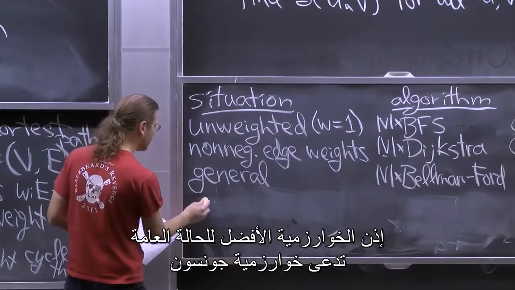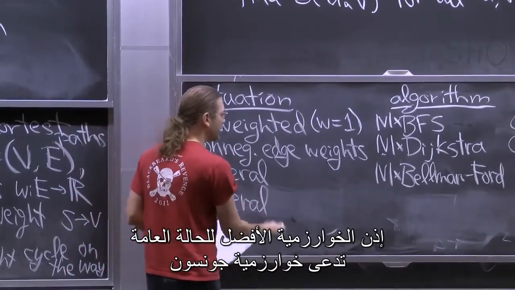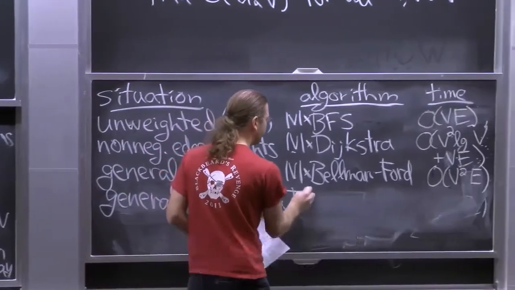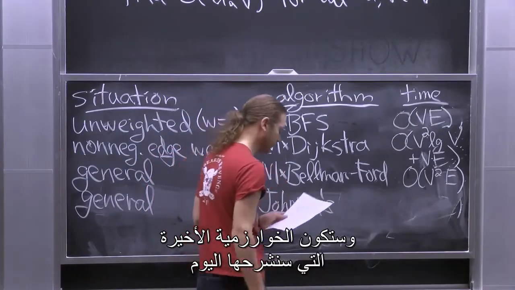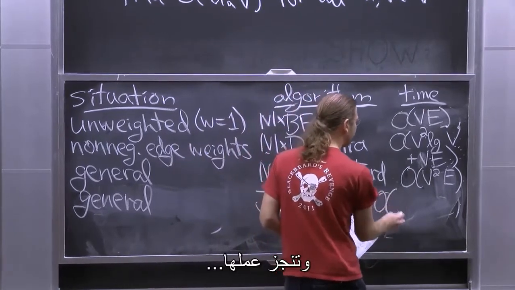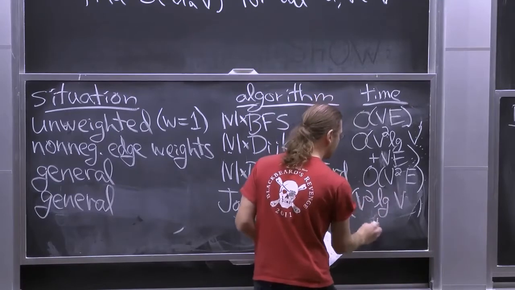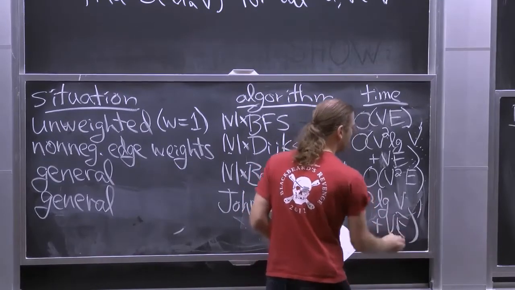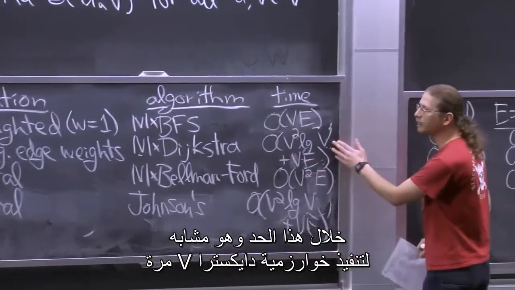So a better general case algorithm is called Johnson's algorithm. That will be the last algorithm we cover today. And it achieves this bound, which is the same as running Dijkstra V times.